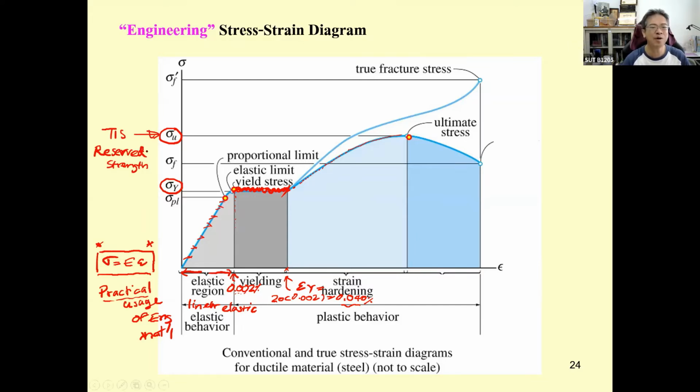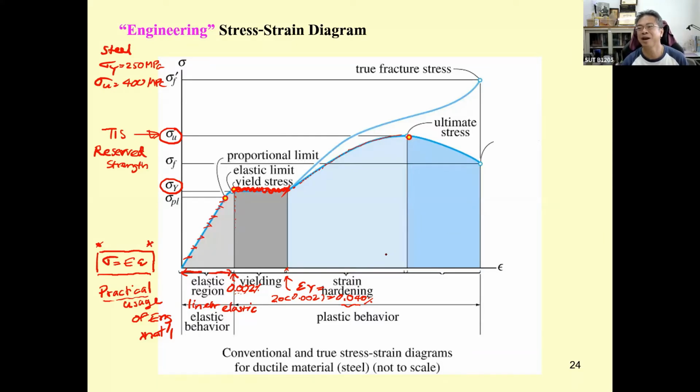For example, for typical steel, sigma sub y is 250 megapascal. Sigma sub u is required to be 400 megapascal. That is reserve strength. Even though the structure has very large deformation, it won't break into two pieces.